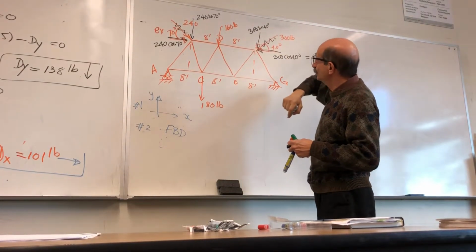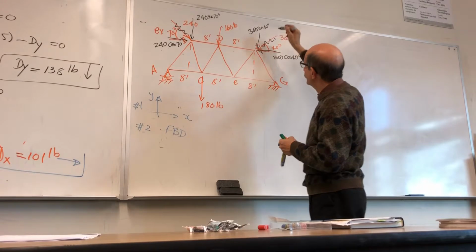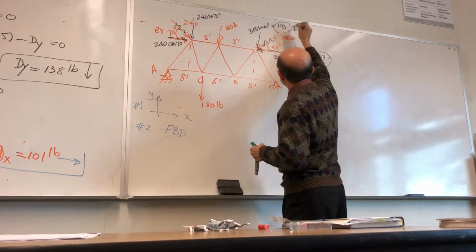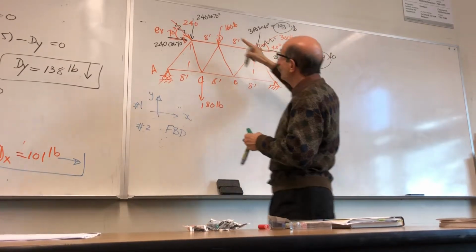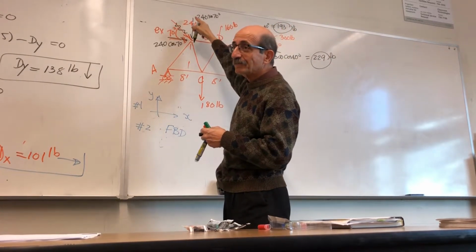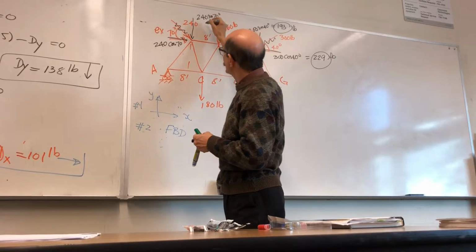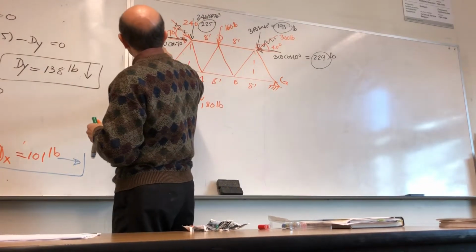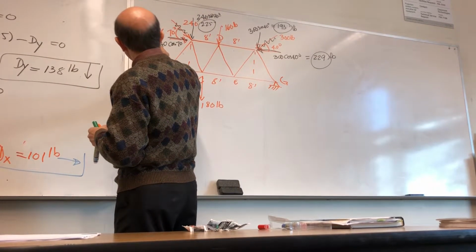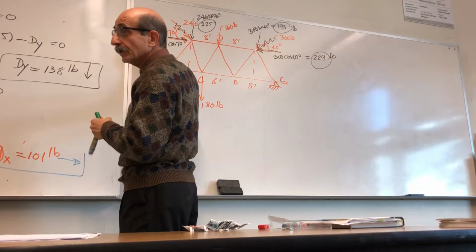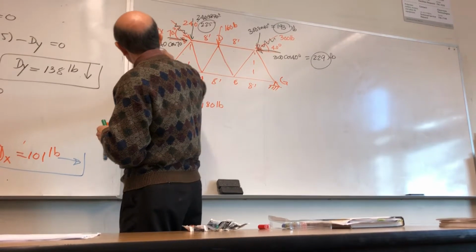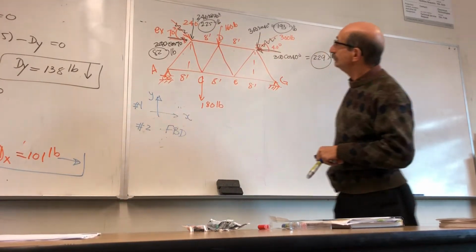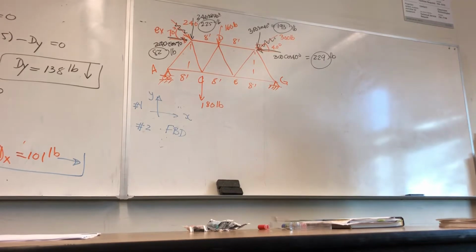And 300 sine 40 should be about 192.8. And how about 240 sine 70? 225. Okay. And 240 cosine 70? 82. Terrific. Okay. Now we have better looking forces.